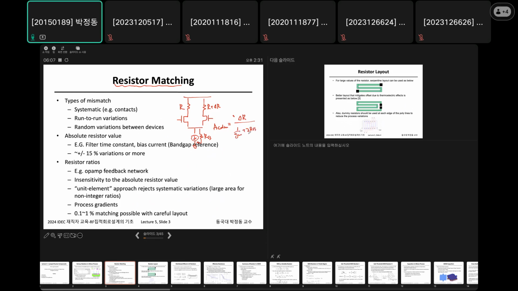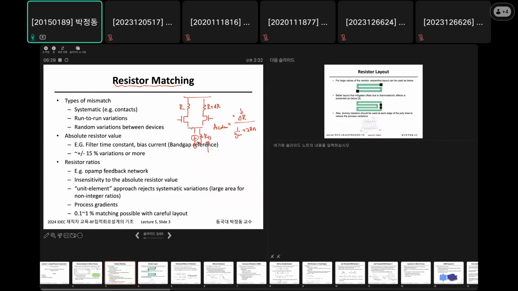So once your resistivity has a big discrepancy, then at least you have to make sure the tail current output impedance is very large, right?